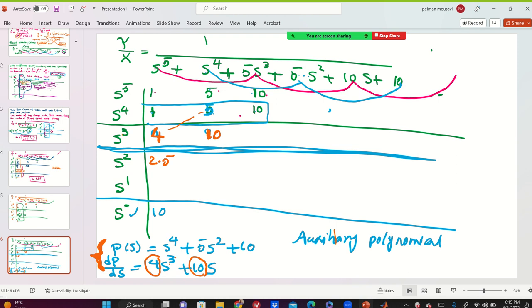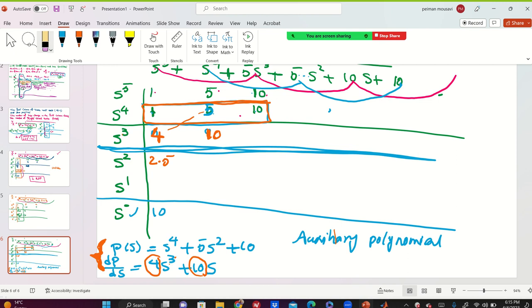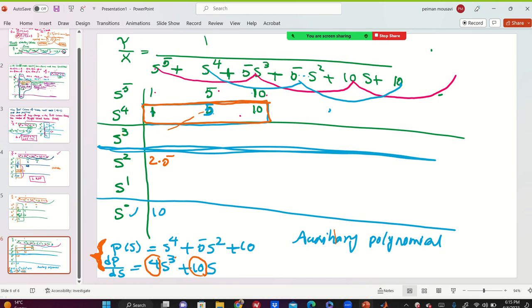Okay. We select the line above the row of zeros, this line. Let me redo it again.